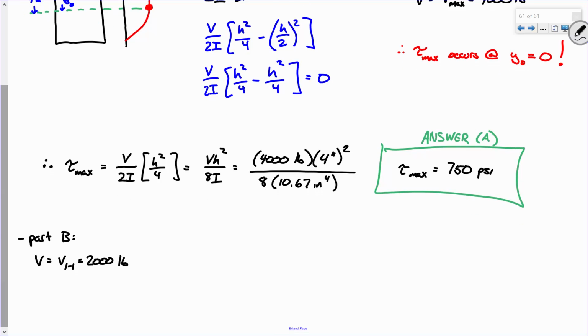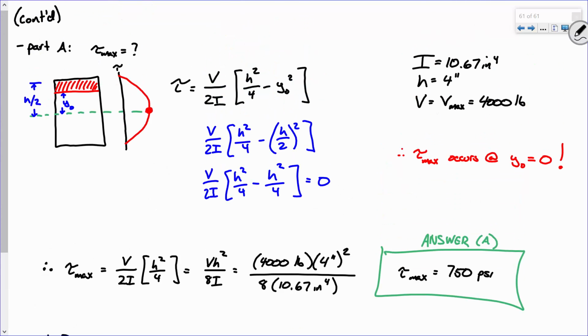All right. And what else does it say? The stress at that section where? So at a point 1 inch from the top of the beam. So let's look at this.